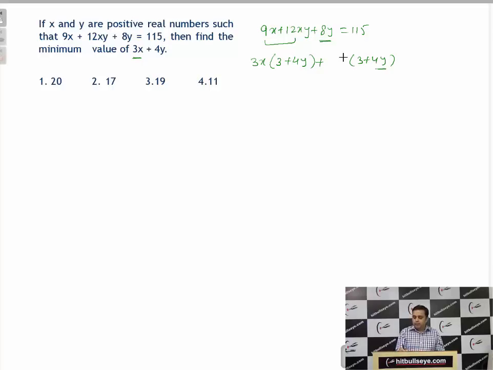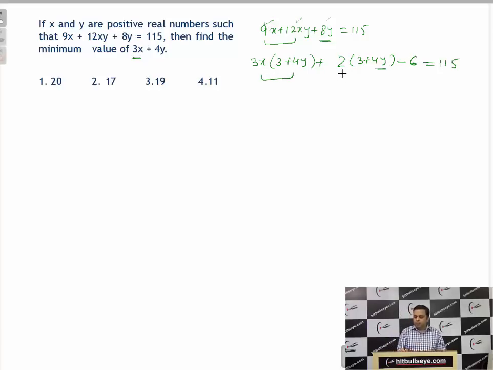To make it 8y, I will multiply this by 2. So what we get? We get 3x into 3 plus 4y, which is 3x into 3, which is 9x, 3x into 4y, which is 12xy, 2 into 4y, which is 8y, and we have this 2 into 3, 6 as an extra number. So I will subtract this 6 from the left hand side, and this is equal to 115.